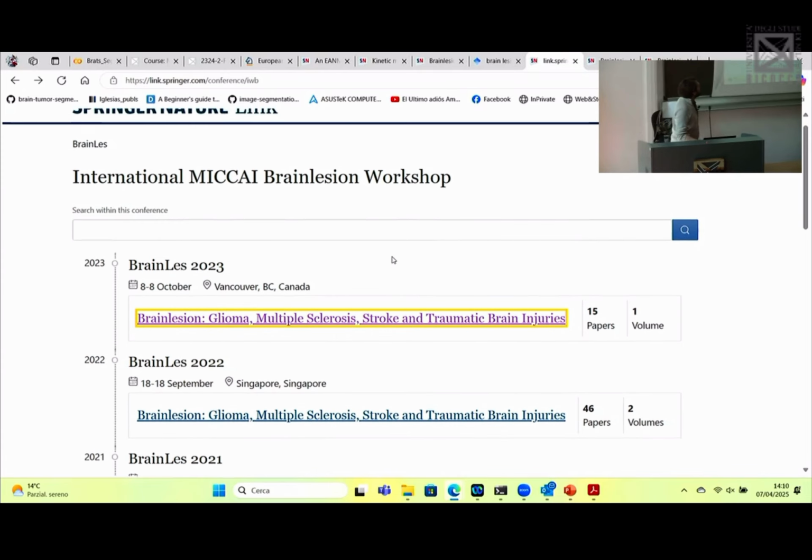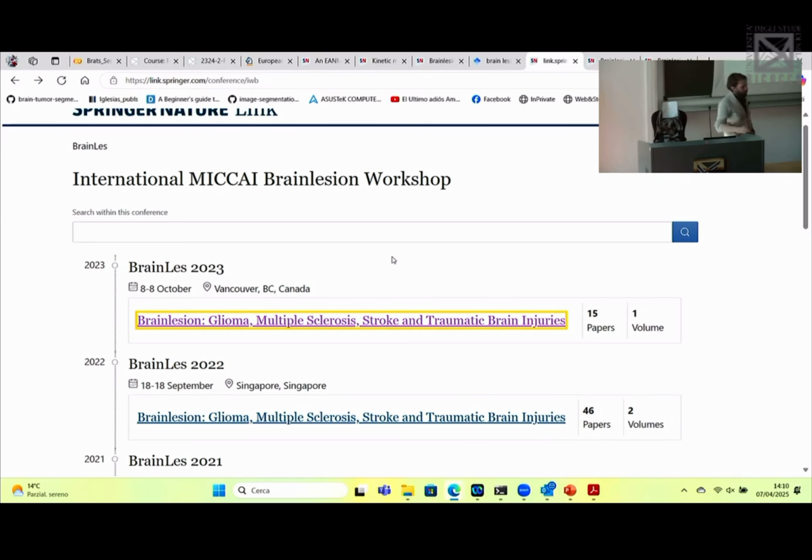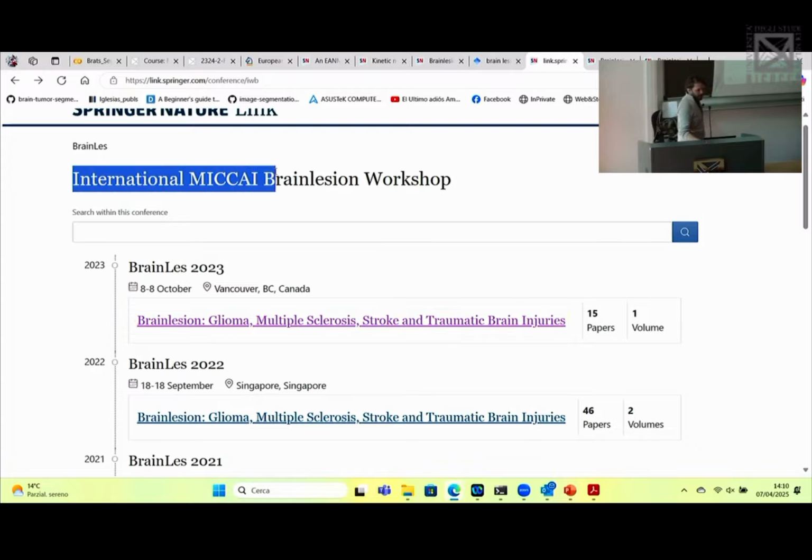So let me just show you the two repositories that I will link to, where you can choose medical imaging-related papers. One is the International MICCAI Brain Lesion Workshop. MICCAI is one of the biggest conventions in image processing for the medical field.